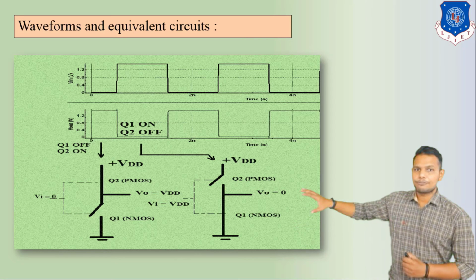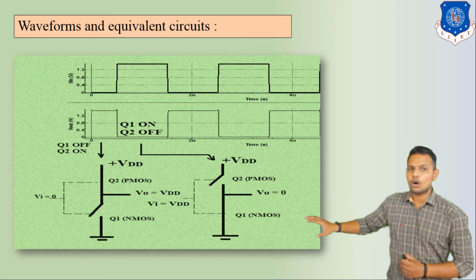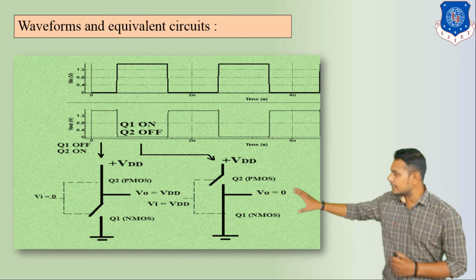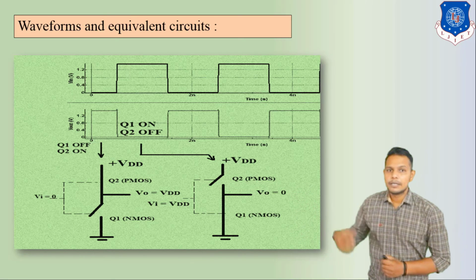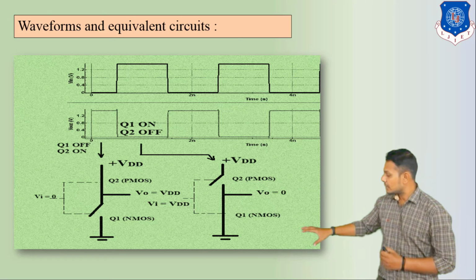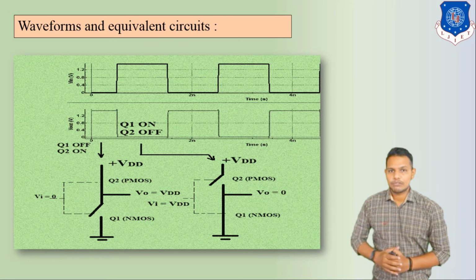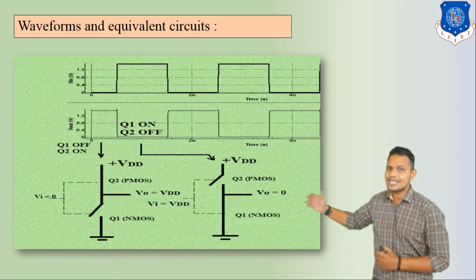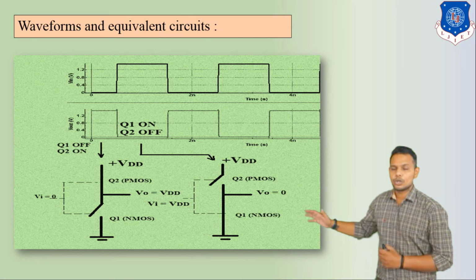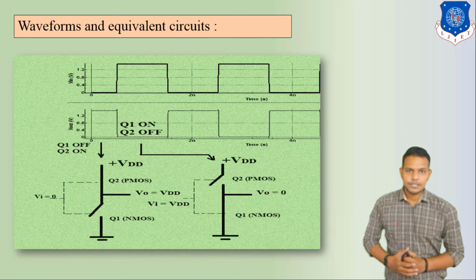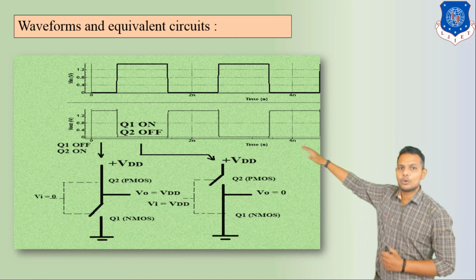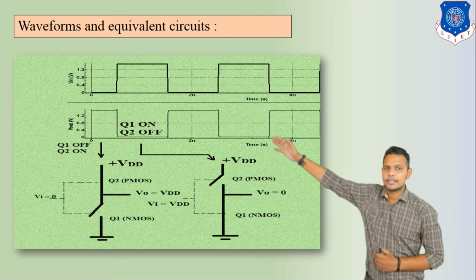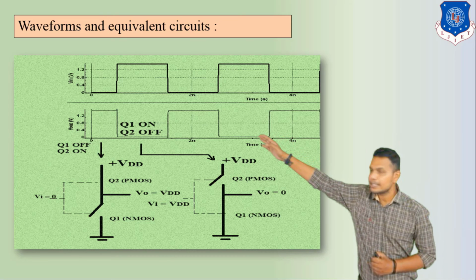So here we can see if your Q1 is on and Q2 is off, Q2 that means PMOS, that means P-channel E-MOSFET, and here NMOS that means N-channel E-MOSFET. It is closed whereas PMOS is open, and so you will get VO is equal to 0 because here it is open circuited. So your output here is 0.